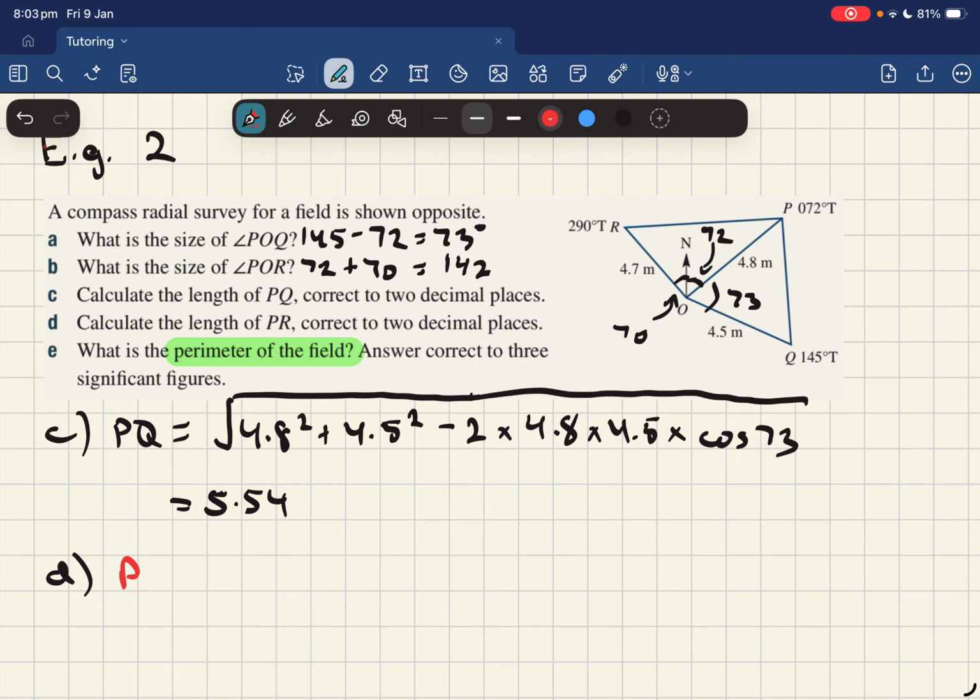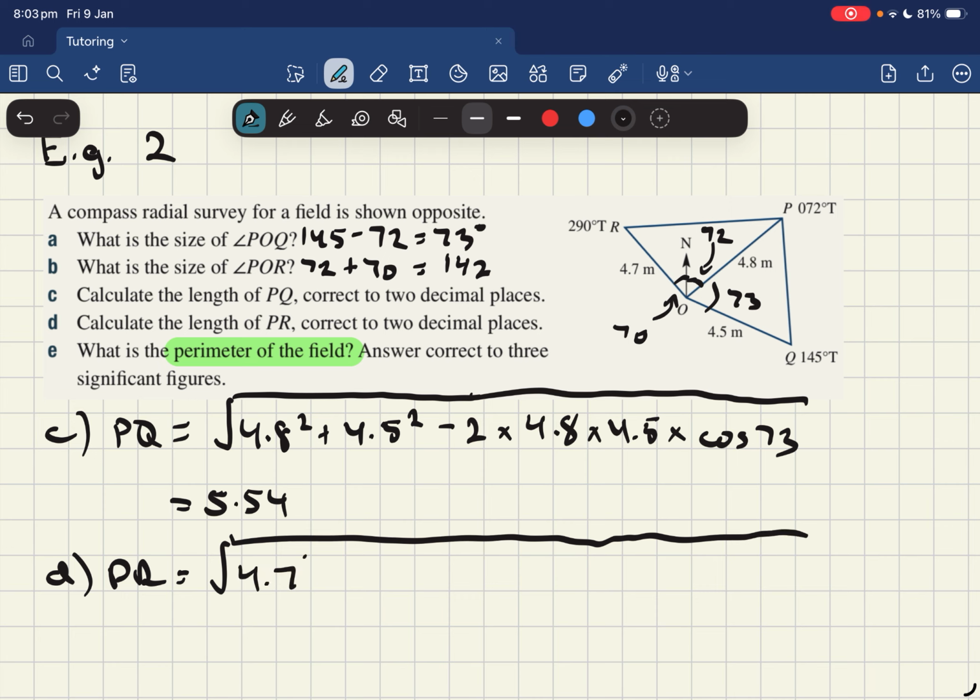So PR is equal to the square root of 4.7 squared plus 4.8 squared minus 2 times 4.7 times 4.8 times cos of 142.